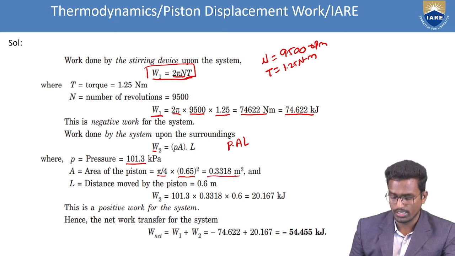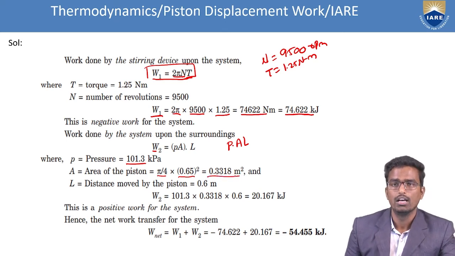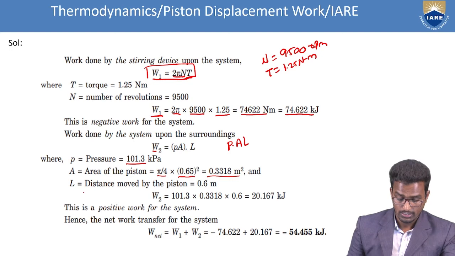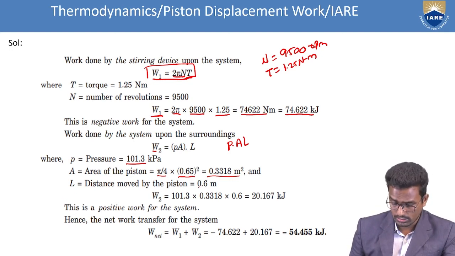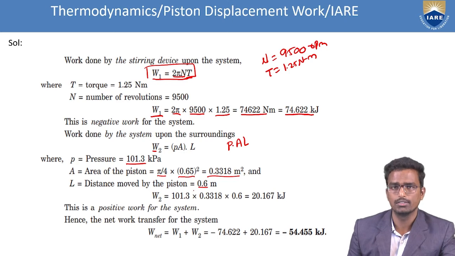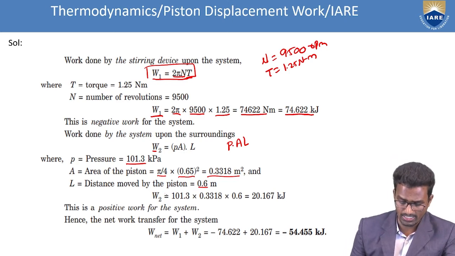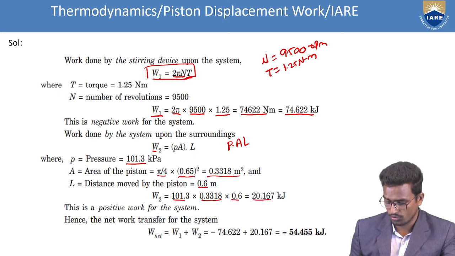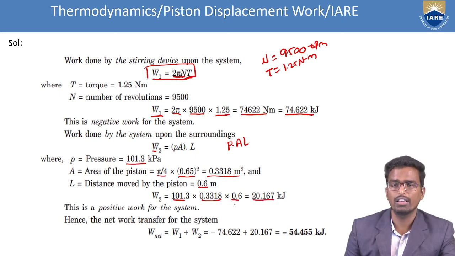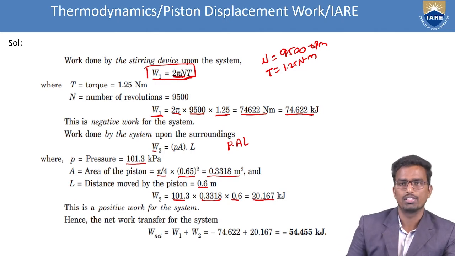If you find the area, you get 0.3318 meter square. Right. Next, distance. How much distance is it moved? It moves 0.6 meters. So now substitute the values of P, A, L. You have 101.325 kilopascals into 0.3318 meter square and 0.6. If you substitute this, you get this much work done by the piston movement.